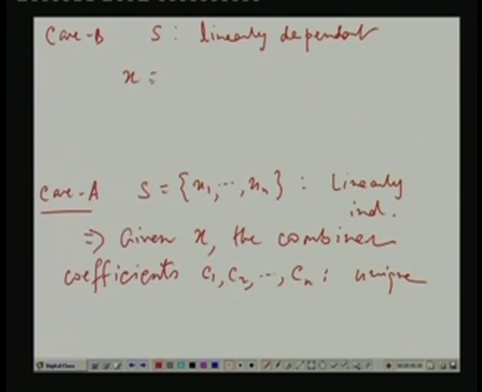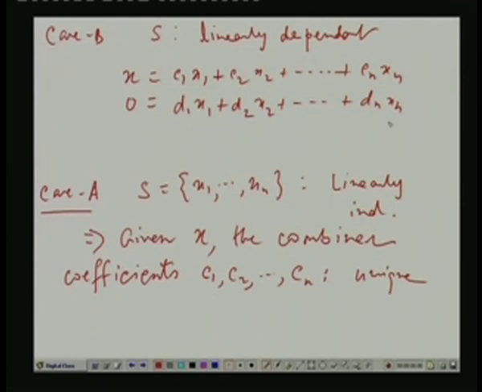Now, we are already given suppose C1 x1 plus C2 x2 plus dot dot Cn xn, for any given x you already have such a combination, but now additionally you are given the fact that S is a linearly dependent set, which means you can find some coefficients D1, D2 up to Dn, with D1 x1 plus dot dot Dn xn equated to 0, where all the coefficients D1 to Dn are not 0, because it is a linearly dependent set. So at least one or more than one will be non-zero. So I write that equation here as a second equation.